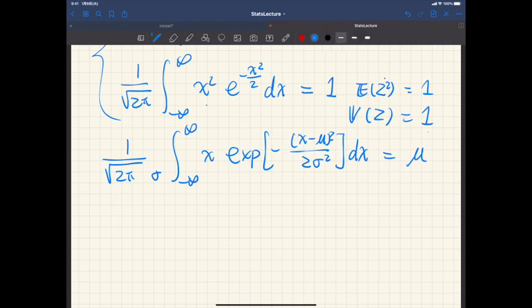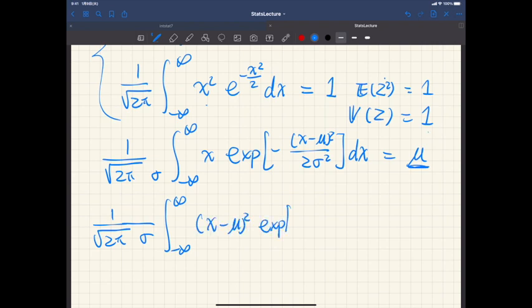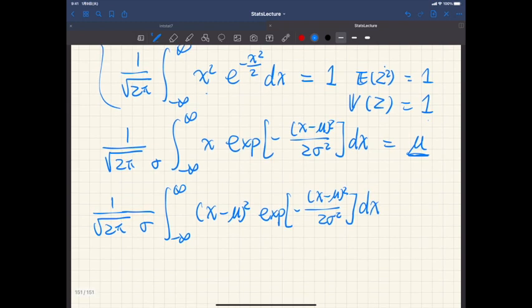And similarly, if you calculate the variance, since this is the expectation value, the variance is given by this integral, and you will see this is equal to sigma squared.